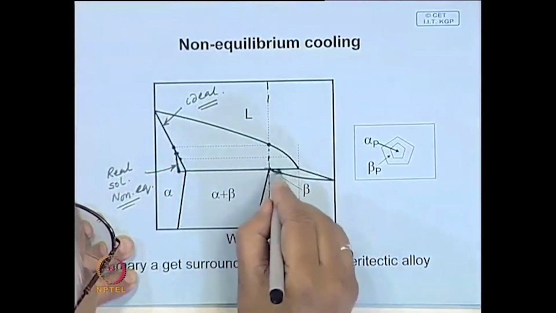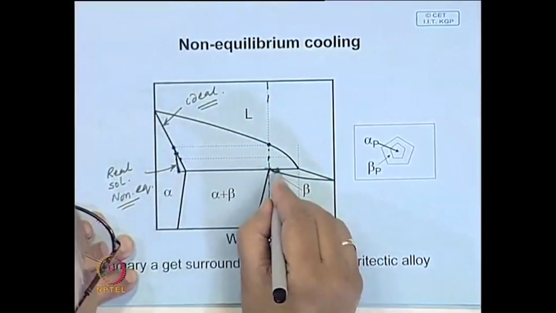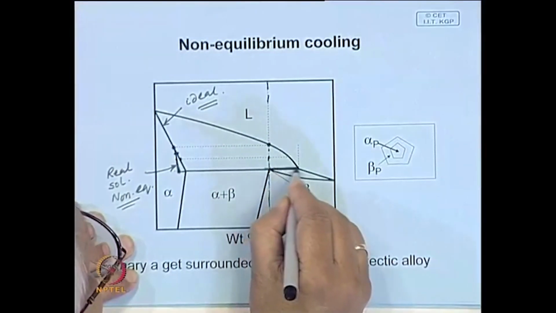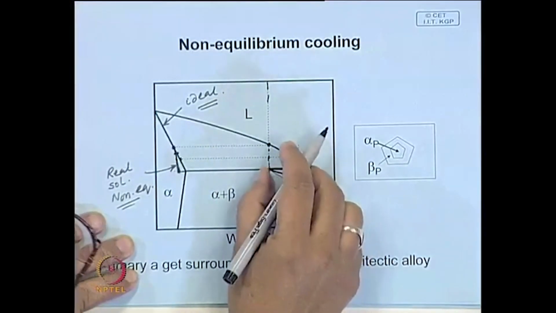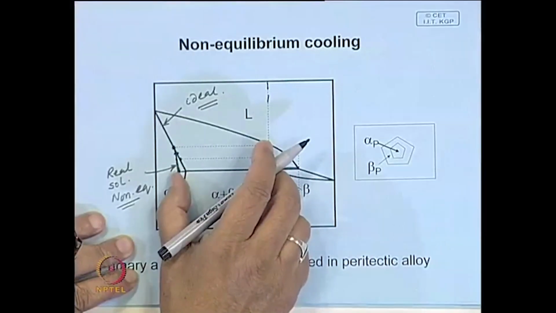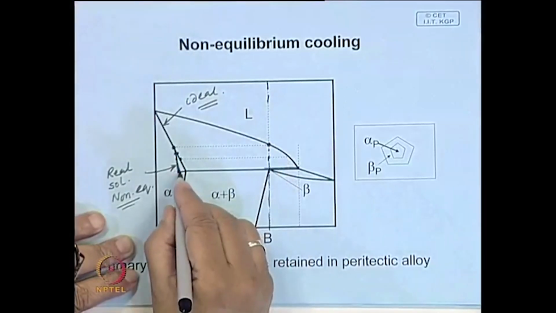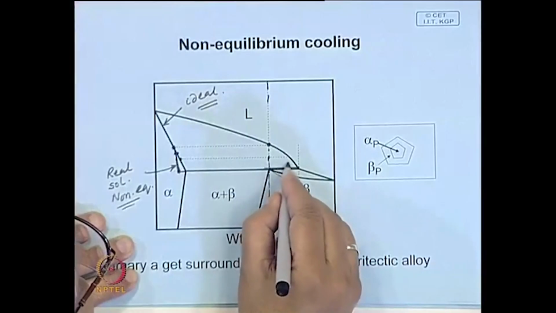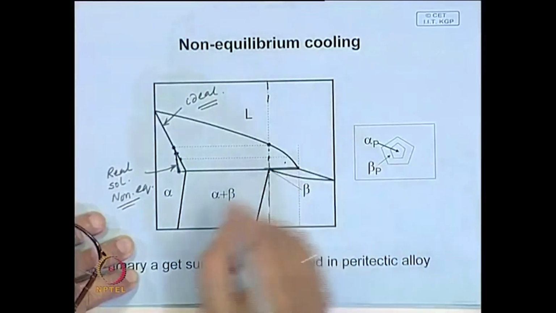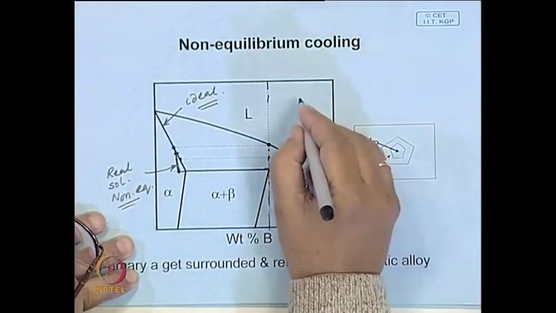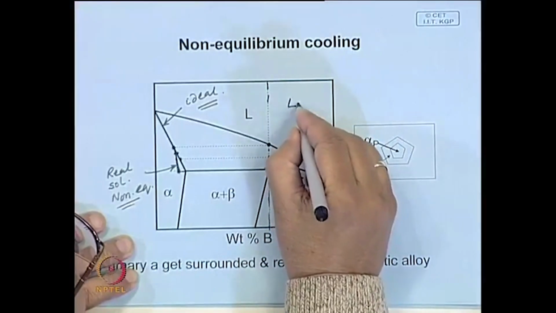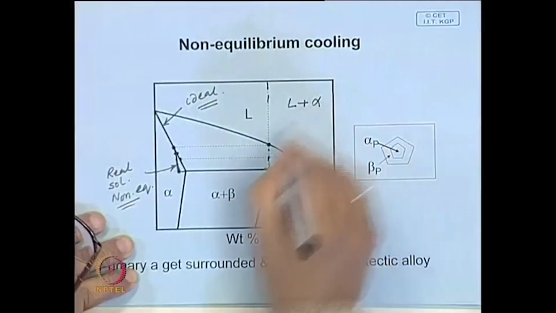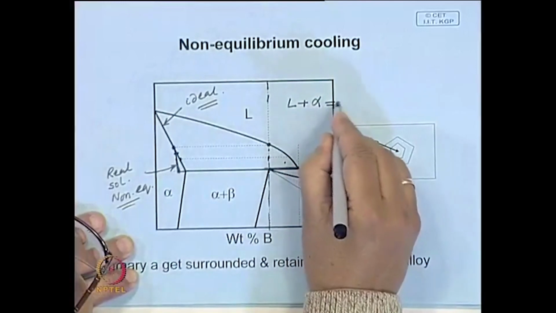So the amount of solid at the peritectic temperature is proportional to this part, and the amount of liquid is this part. And what happens now is that this amount of solid alpha at the peritectic temperature reacts with the liquid and will give you beta.